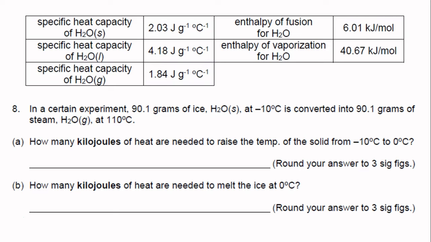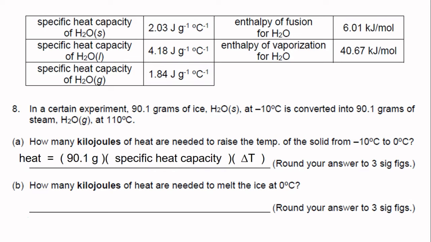Part A, how many kilojoules of heat are needed to raise the temperature of the solid from negative 10 degrees to 0 degrees? We're going to use the equation heat equals mass times specific heat capacity times delta T. So the mass is 90.1 grams.